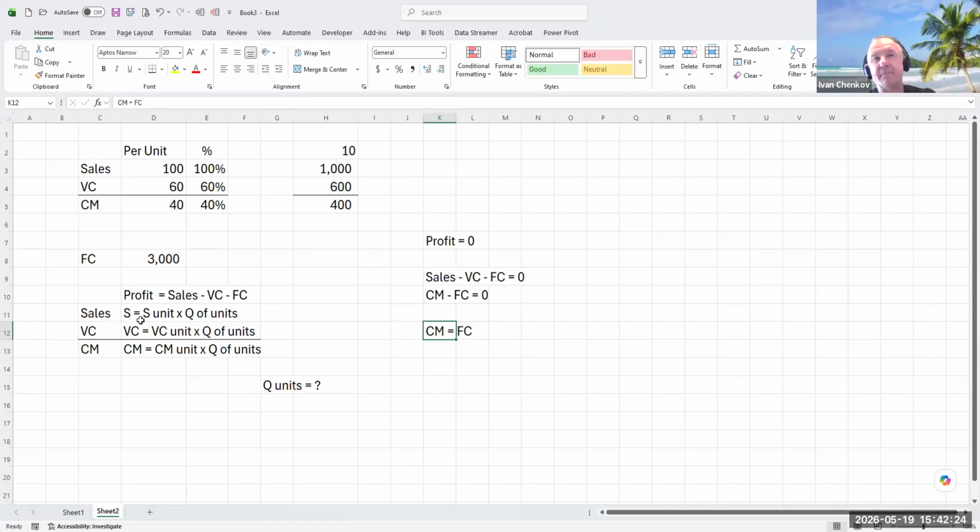Well, let's think about it. We already know the contribution margin is equal to sales minus the variable cost. And we already know that the contribution margin is equal to the contribution margin per unit times the number of units that we're selling.